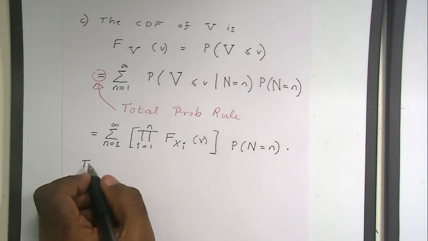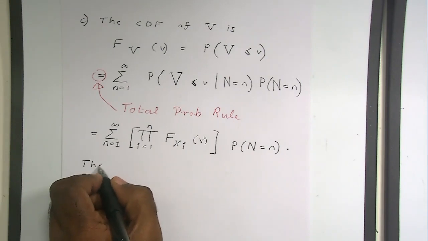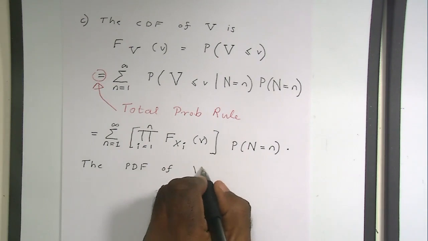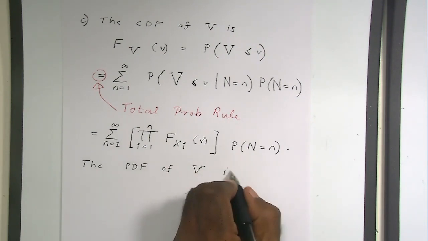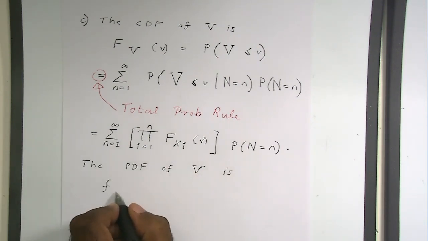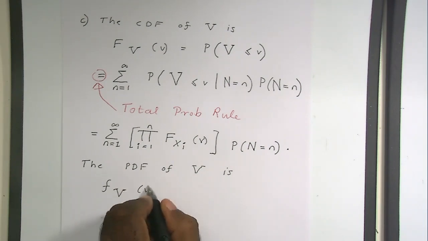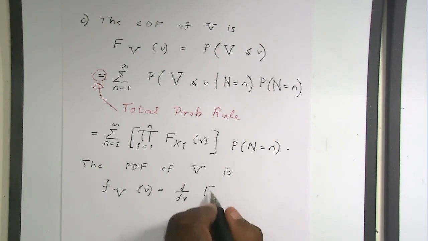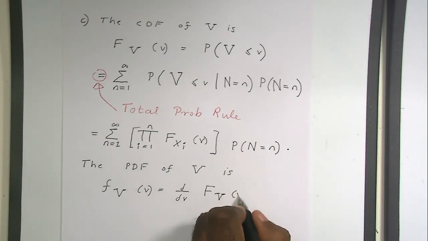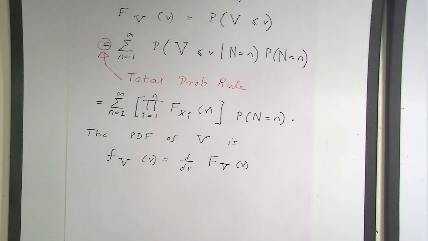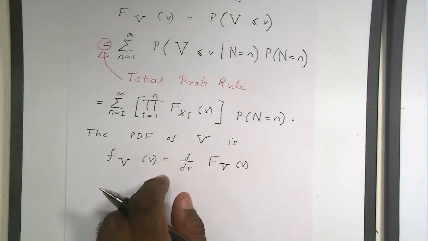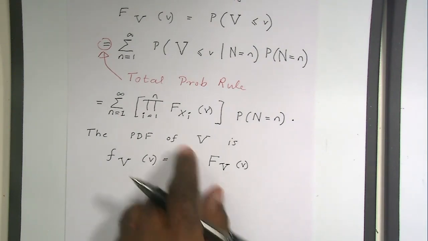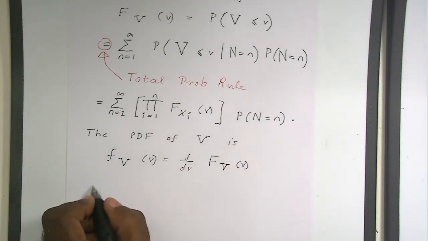Now the PDF of V is this. So you differentiate this expression with respect to V. Once again, I'm going to use the product rule to differentiate this, so this is what you will get.